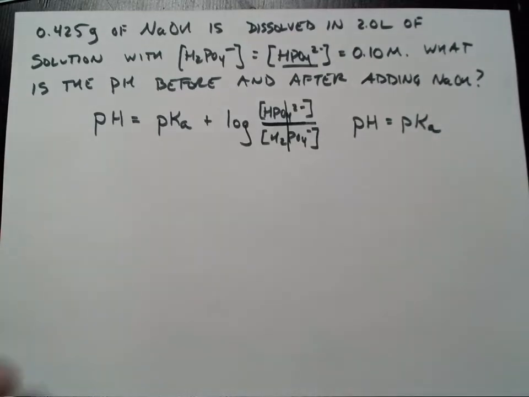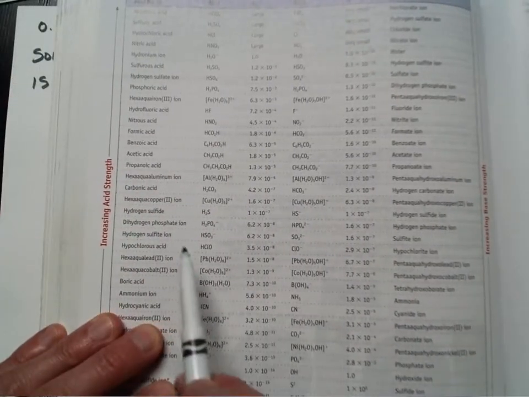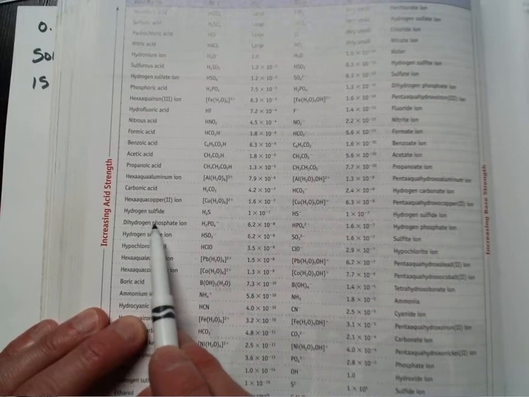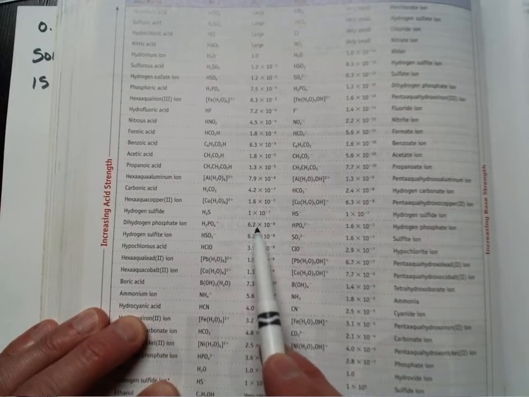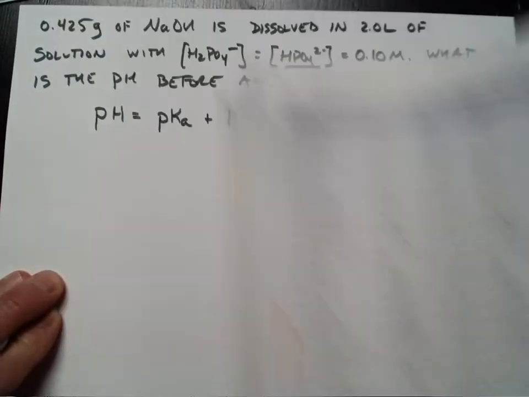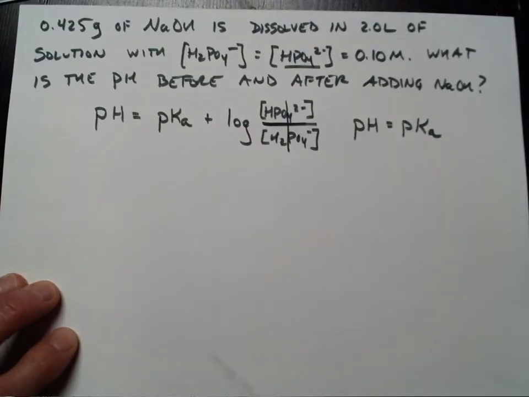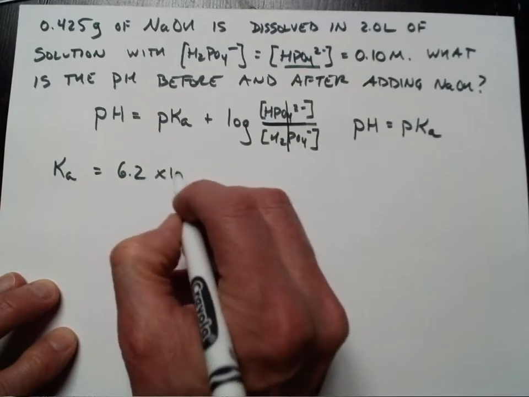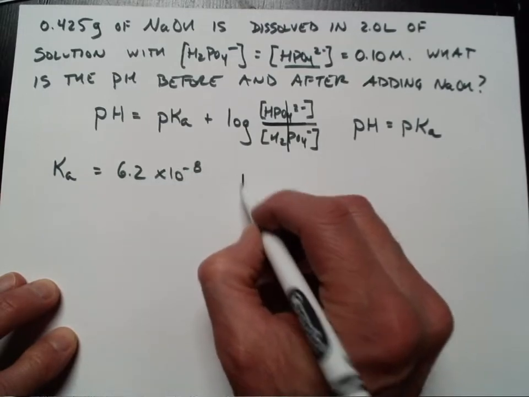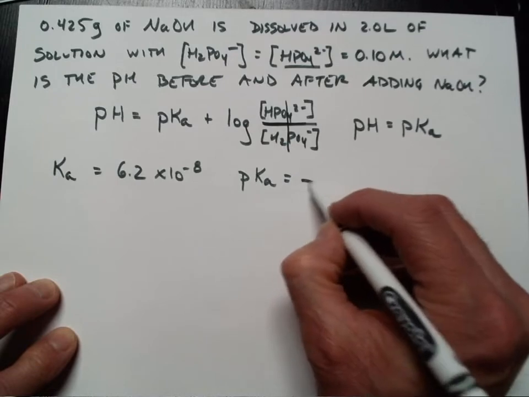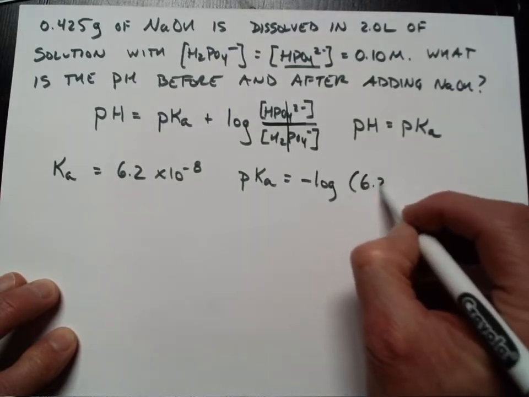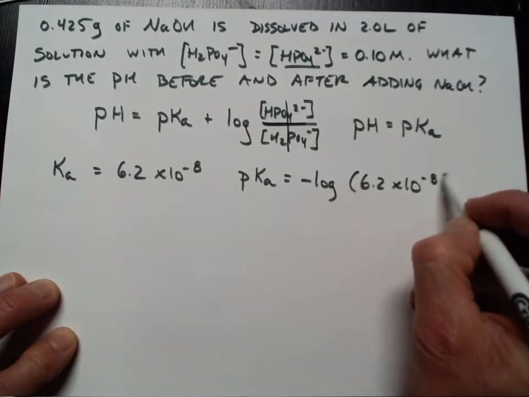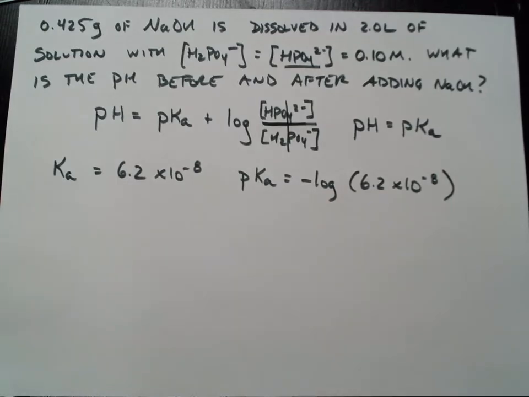Well, what is the pKa of this acid? Let's look it up here, Table 17.3 in my text. Dihydrogen phosphate has a Ka of 6.2 times 10 to the negative 8. So my pKa is going to be the negative log of 6.2 times 10 to the negative 8. So the pKa will be about 8.